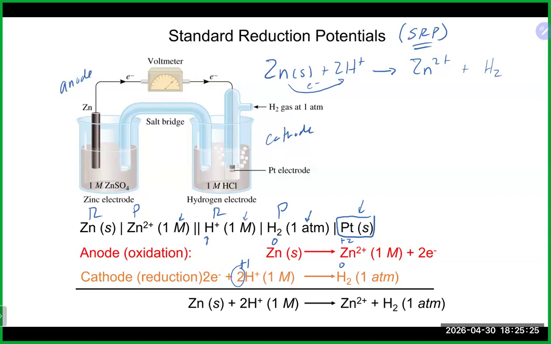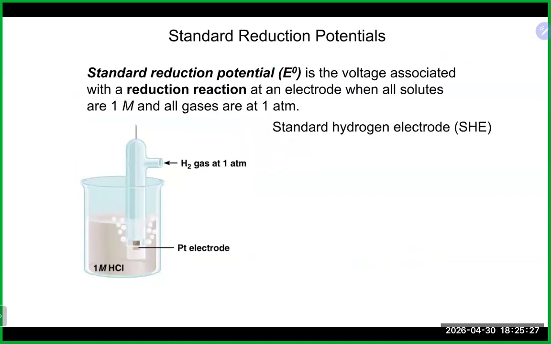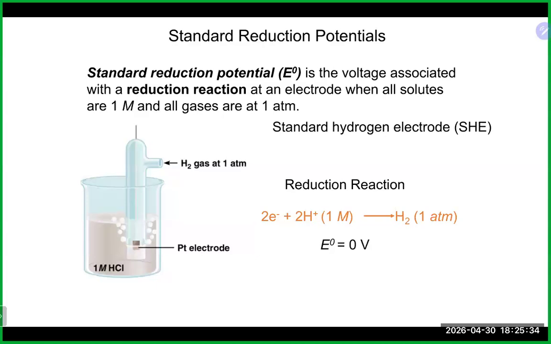So when we do this, we can get an obviously cell voltage when we hook these 2 guys up. And when we talk about SRP values, standard reduction potential values, much like most things in chemistry, when they can't directly measure things, oftentimes we'll choose something as a standard to compare everybody to. In the case of SRP values, they chose the hydrogen electrode as the standard to compare everybody to.